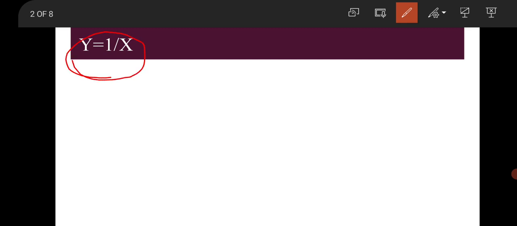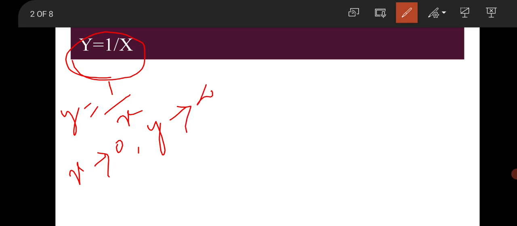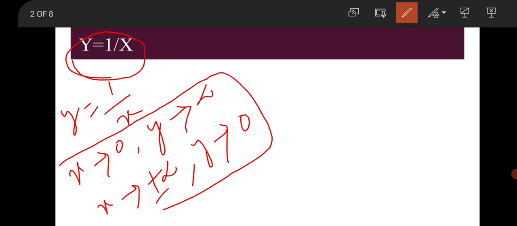As you know, for y equal to 1 by x, for x tends to 0, our function y will tend to infinity, and for x tends to plus or minus infinity, our y will tend to 0. This is the condition under which we will draw our graph.